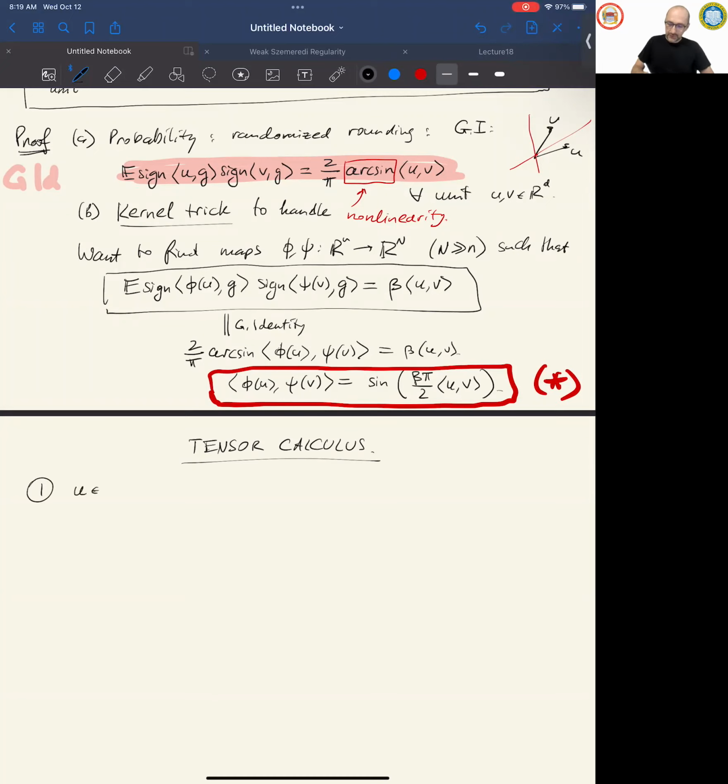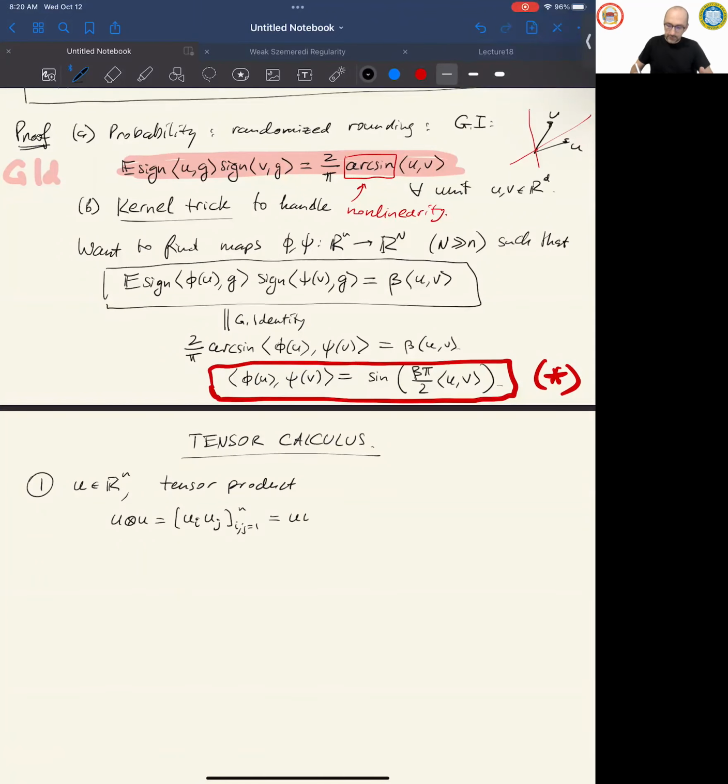If U is a vector, then we just multiply the tensor by itself. The tensor product of the vector with itself, U tensor U, is just a matrix with entries U_i U_j. It's a square matrix; in matrix form, it's UU transpose.